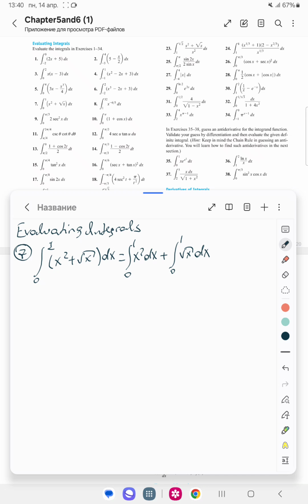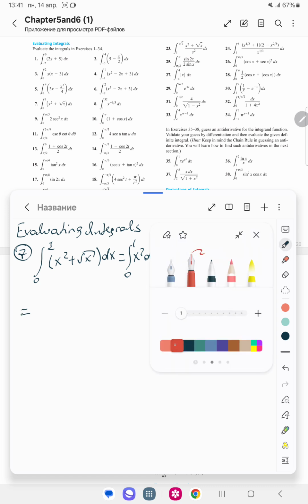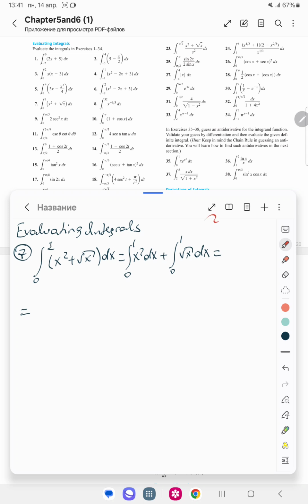Until you get used to it, I suggest you to do like this, because otherwise you will get confused. So we know that we have the formula: the integral of x to the power of n dx is x to the power of n plus 1 over n plus 1 plus c.